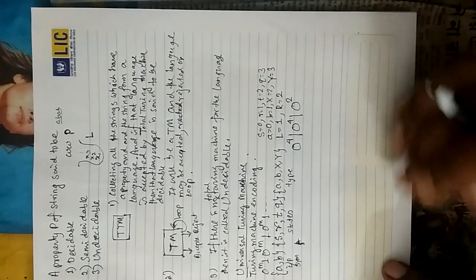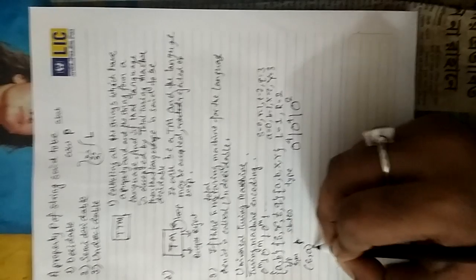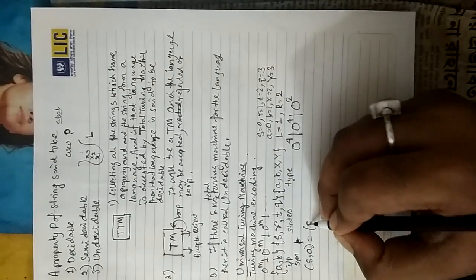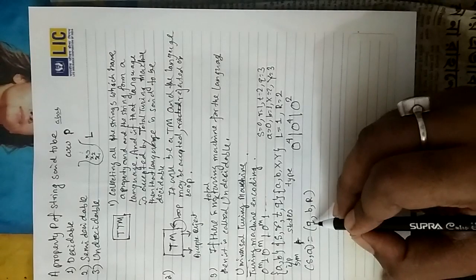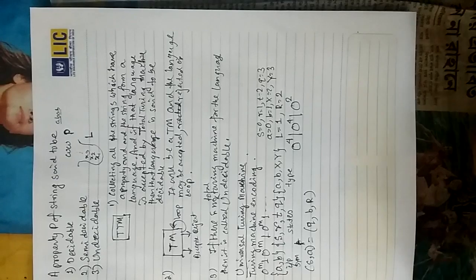Now let us consider a particular transition. Suppose there is a transition from S, A that goes to Q, B, R. So it moves to Q, replacing A by B, and the shift is right. How could we represent this?